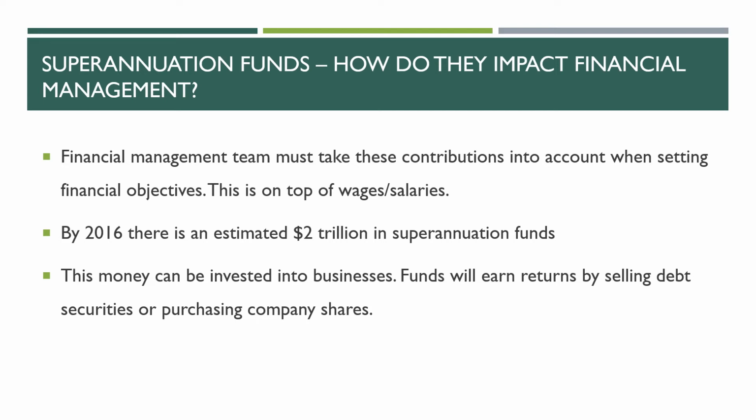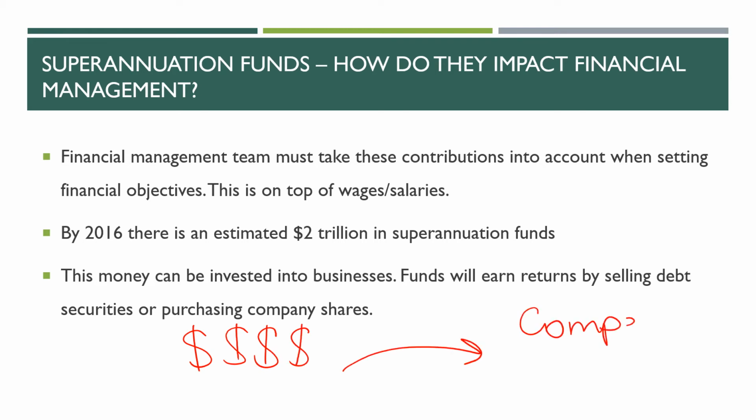For example, they very frequently buy shares, or they buy debt securities, so they loan out money to other businesses in order to make some sort of interest, which is the superannuation fund's return. In 2016, there was an estimated $2 trillion in superannuation funds, and that is all this potential money that can go into a range of different businesses.